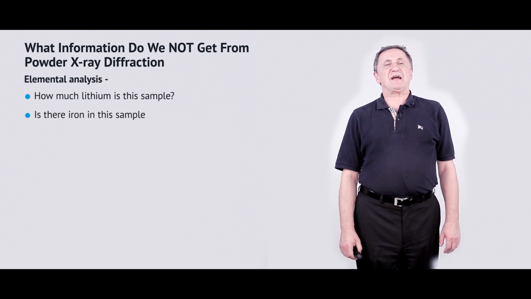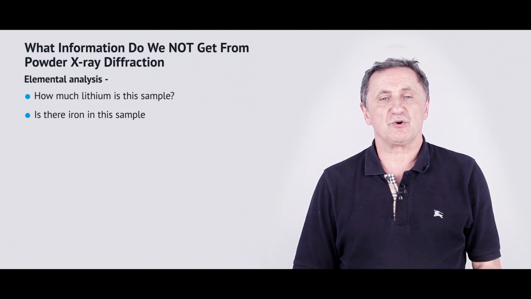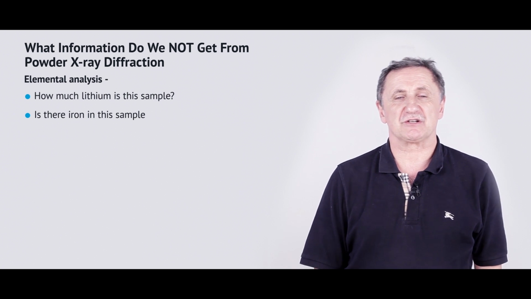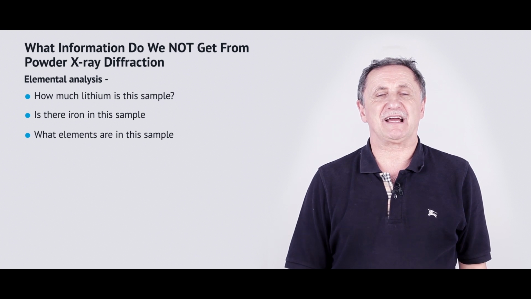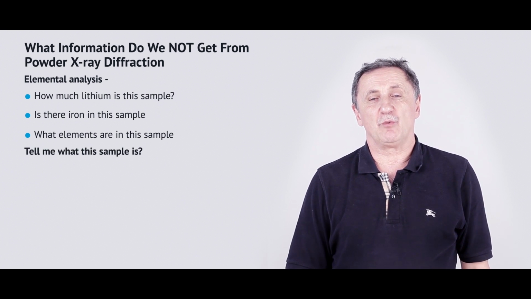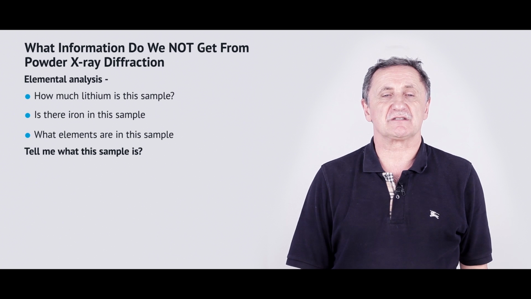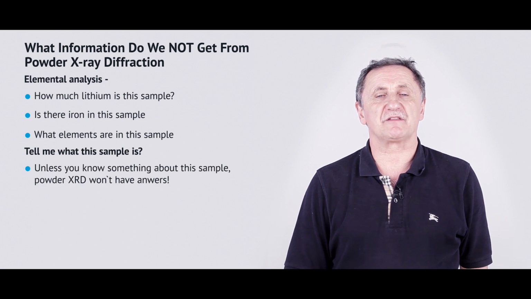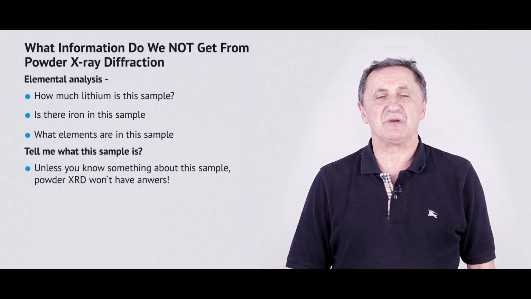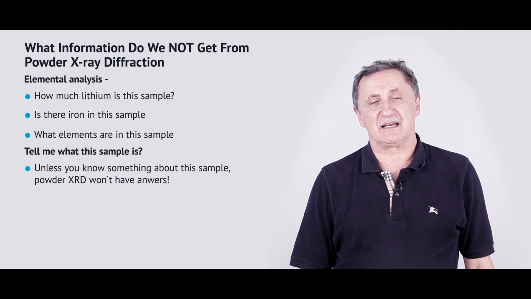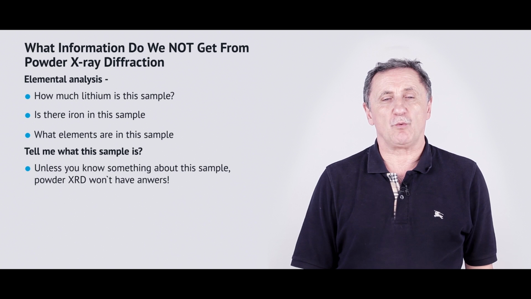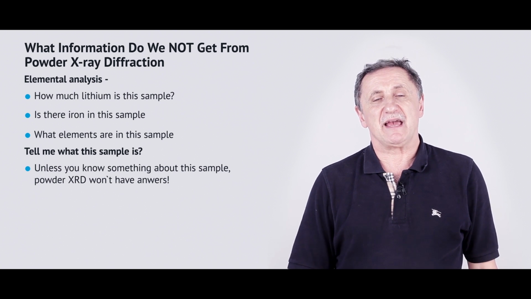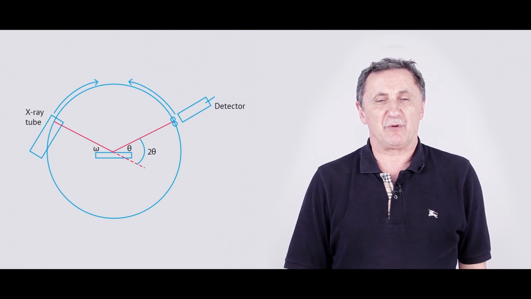In principle, you have to have some idea of what kind of phase composition you can expect. You cannot answer with this technique alone such complex questions as: tell me what this sample is. Only a combination of, let's say, electron microscopy with XRD may answer this type of question.